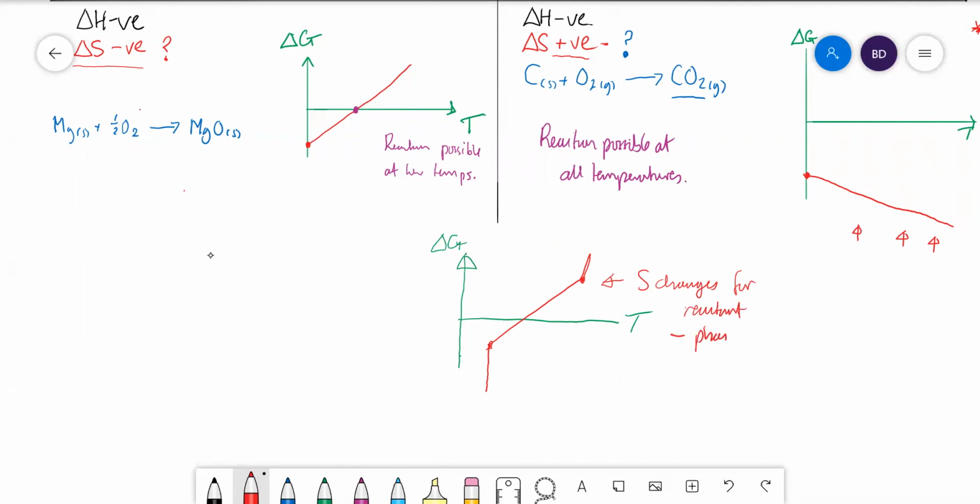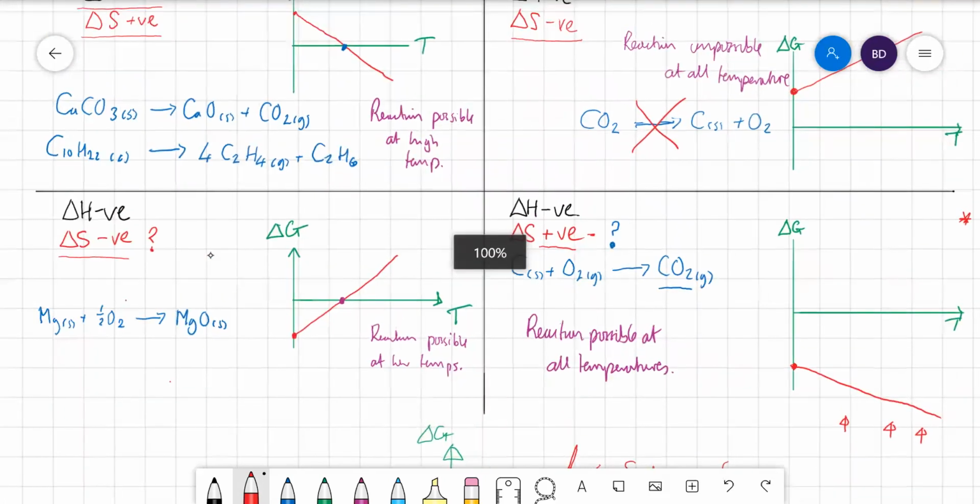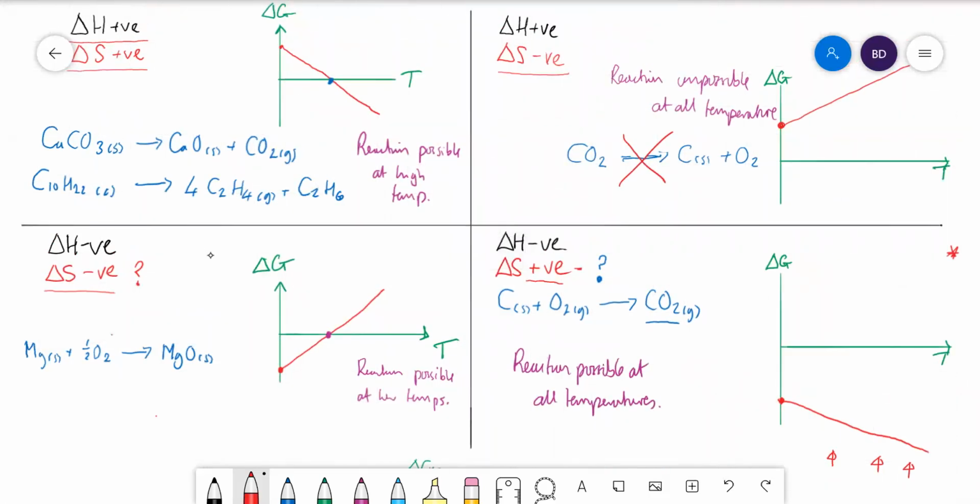If something turns into a liquid from a gas, it's obviously going to get a big jump in the value of S, so you're going to get a change in the value of delta S at that point, so you'd get a kink. So in reality, you're not going to get a straight line for every possible temperature. You're going to get some changes, but don't worry about that. It's still a pretty good way of determining which reactions can occur at which temperatures.